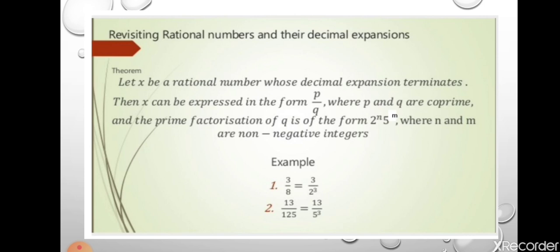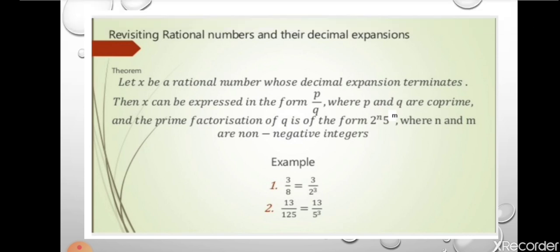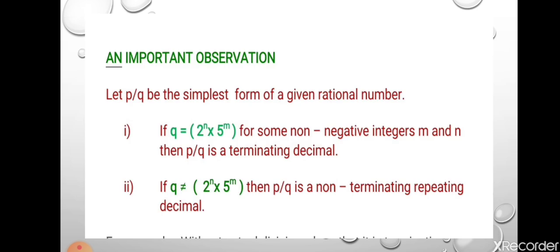If we convert the denominator 8 into its prime factorization, 8 equals 2 raised to the power 3, and we can write it as 3 by 2 raised to the power 3 into 5 raised to the power 0, because 5 to the power 0 means 1. So 3 by 8 is a terminating decimal.